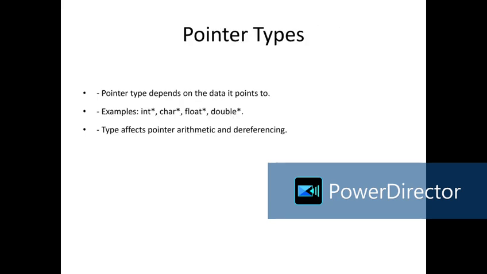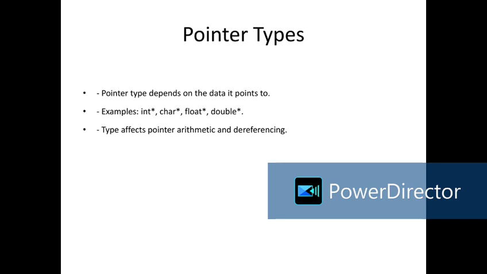Pointer types. Not all pointers are created equal. Just like we have int, float, and char types for variables, we also have int *, float *, and char * pointers, and each type matters. Why does type matter? Because it determines how much memory the pointer is expected to manage and how pointer arithmetic works.